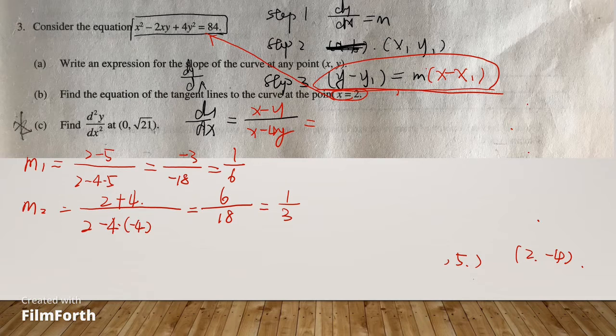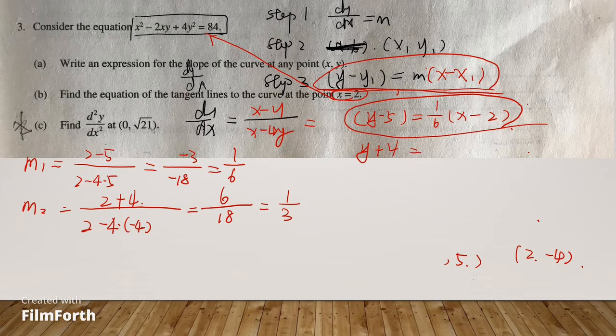So the first one, y minus 5 equals the first slope, 1 over 6 times x minus 2. That is the first equation of the tangent line. The second is y minus negative 4, which is positive, equals 1/3 times x minus 2. So that is the expression of the second tangent line. Okay, next question.